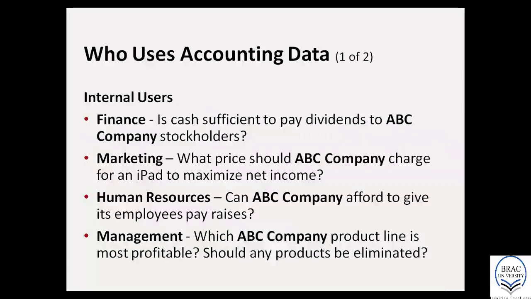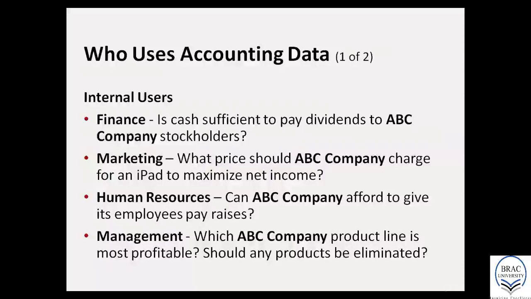Now, we'll learn about different users of accounting data. Who are these users of accounting data? There are 2 types of users who use this accounting data. One is internal users and the other is external users.